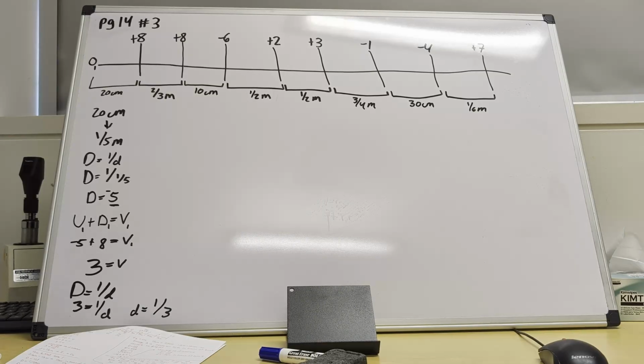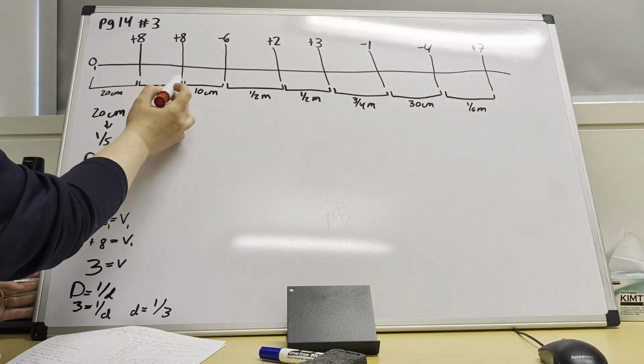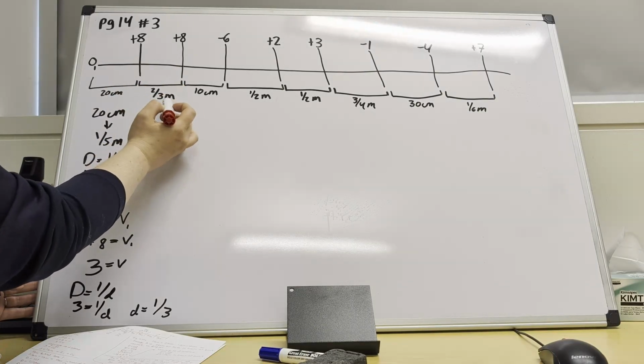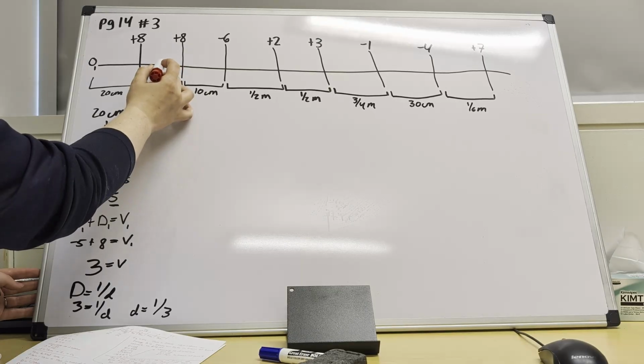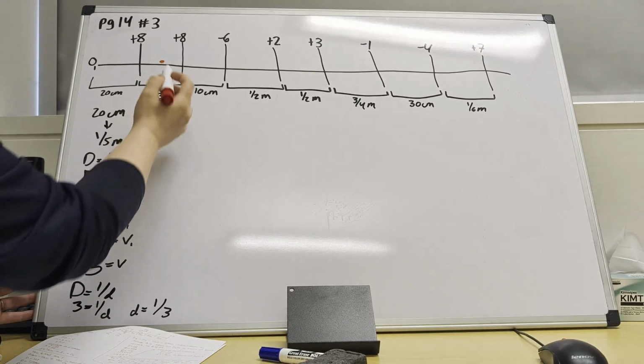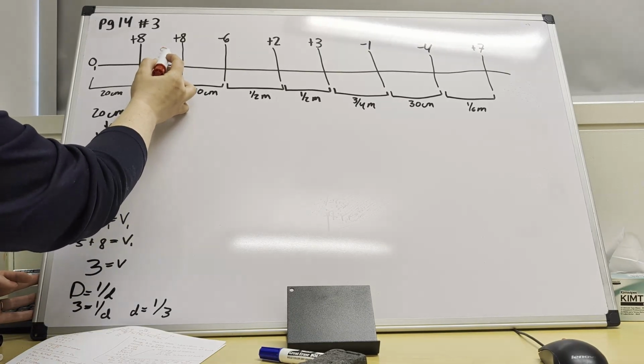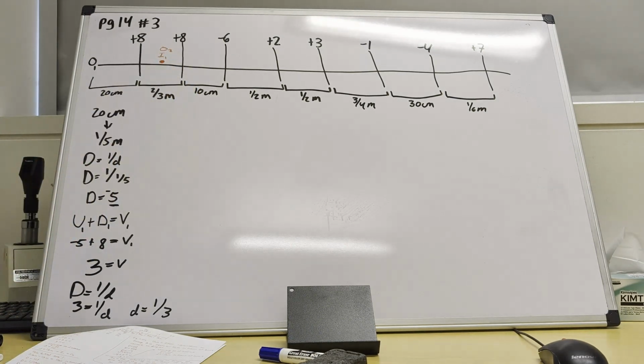So if we come up into our picture here, 1/3 of a meter behind the first lens. The distance between the first and second lens, the whole thing is 2/3 of a meter. So it is probably going to be in the middle there. This is going to be I1, which is also O2, object 2.